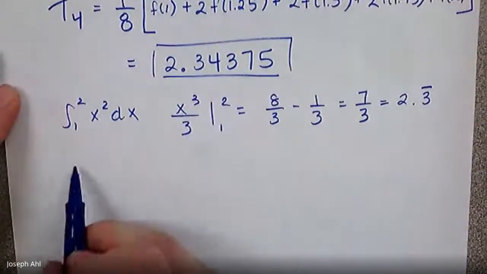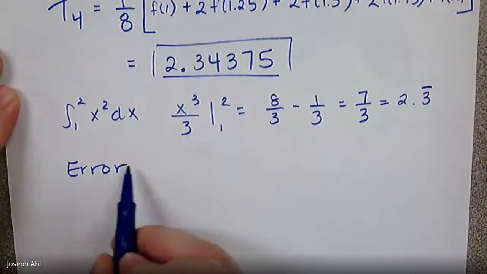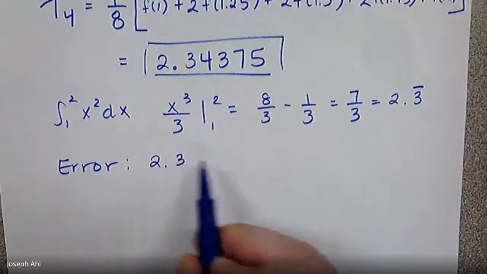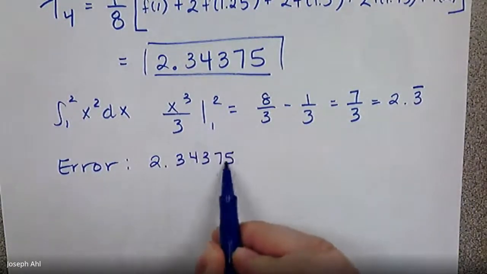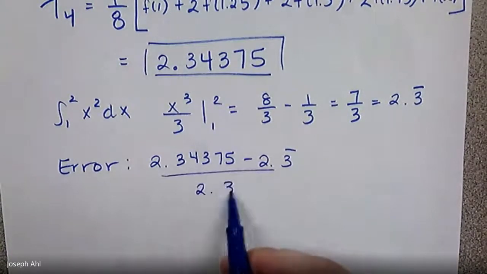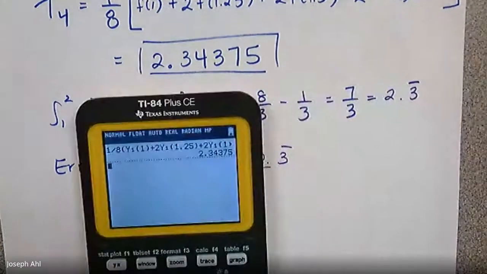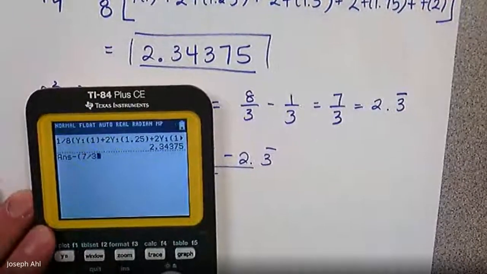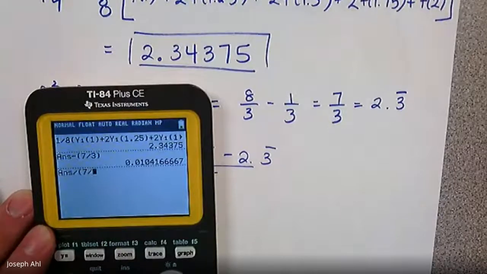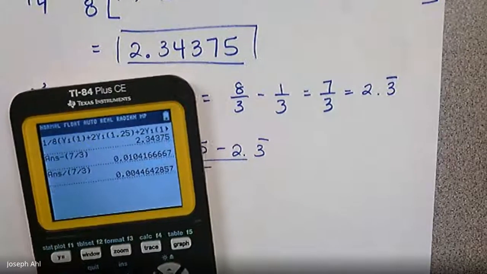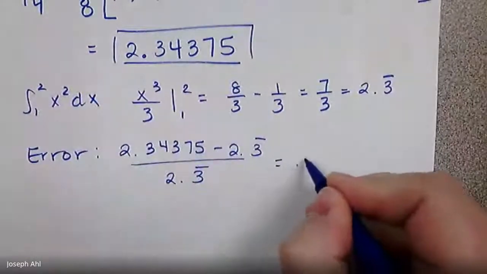In fact, we can calculate the error real quick by taking what we have, 2.34375, subtract the actual, and then divide by the actual, and we'll see that the error is, so minus 7/3 divided by 7/3 to get 0.00446.